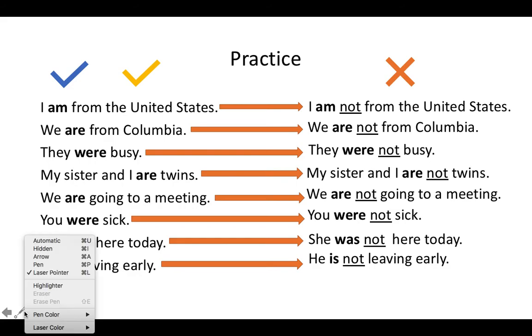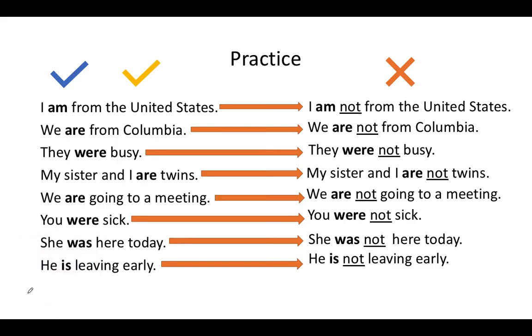So whenever, hold on, let me see if I can get a little pen here. So for all of these, you just have to put not to make it negative, to say no, this isn't what it is. You just always put it right after am, are, were, was. I am, we are, what's the other one? Is. He is.